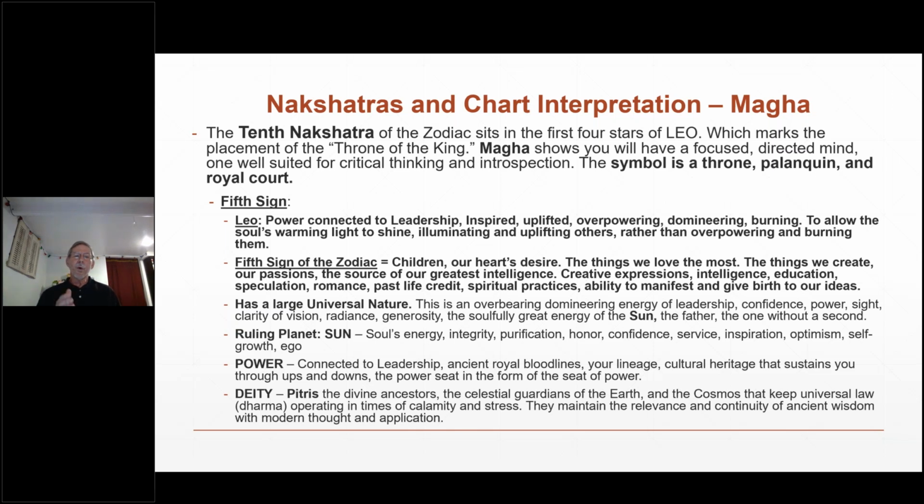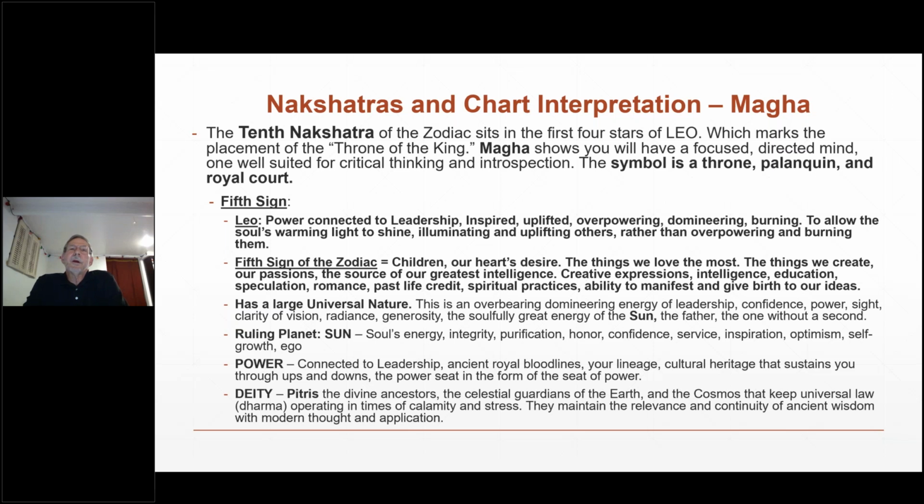So what the deities do is they help maintain the relevance and the continuity of that ancient wisdom with modern thought and application. So you can get stuck in these nakshatras trying to legitimize them according to the way they're expressed. But there's also that last thing with the Pitris that says, look, you're part of the lineage. You contribute to the thought and how this gets applied.